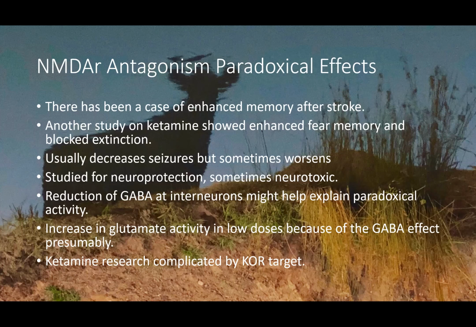So normally, the glutamate activity at the GABA interneurons may help with reducing glutamate activity, and so the NMDA receptor antagonists are blocking the inhibition there, allowing for an increase in activity elsewhere.